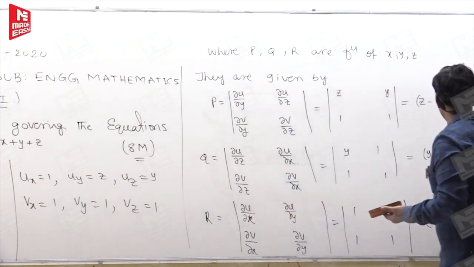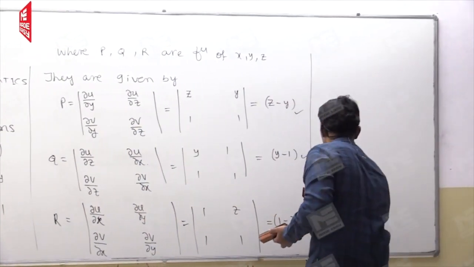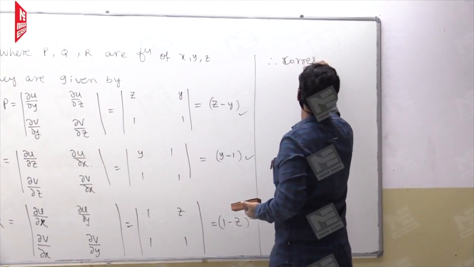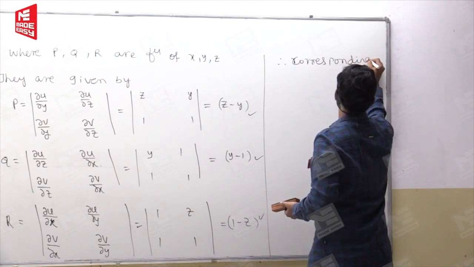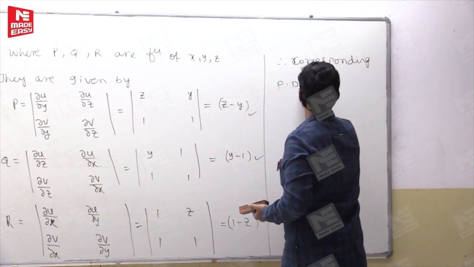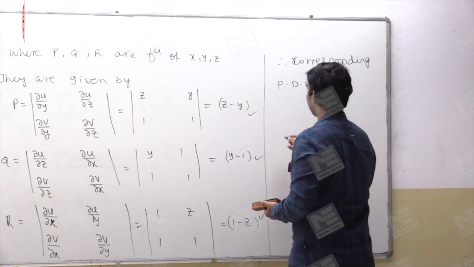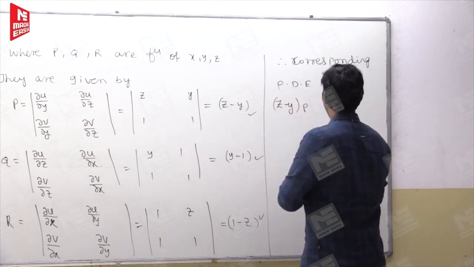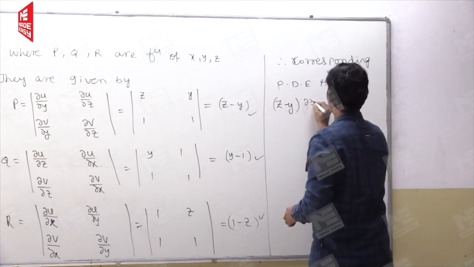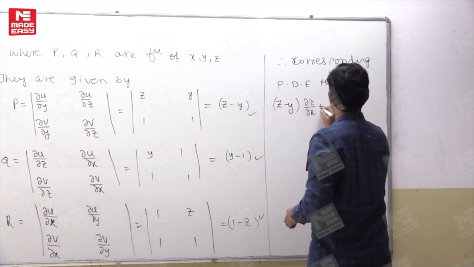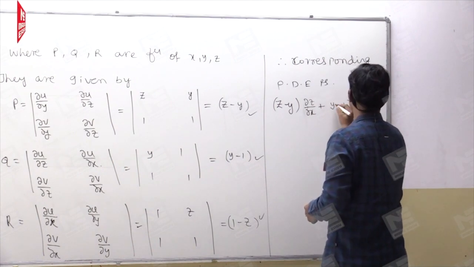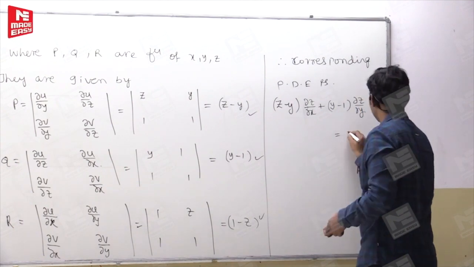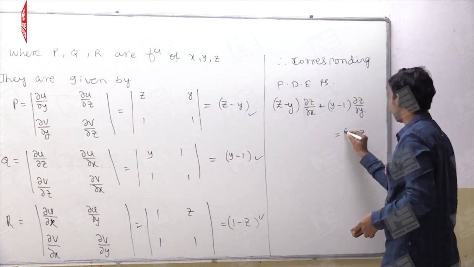Now you got the P, Q, R. So therefore the corresponding partial differential equation is (z minus y) into p, that is ∂z/∂x, plus (y minus 1) into ∂z/∂y is equal to R, that is 1 minus z.